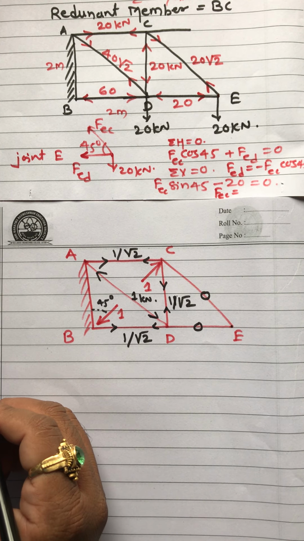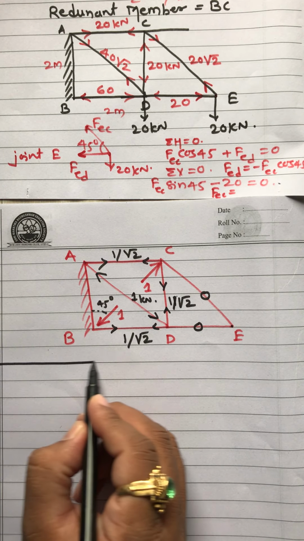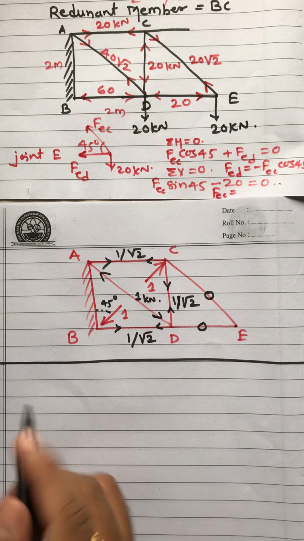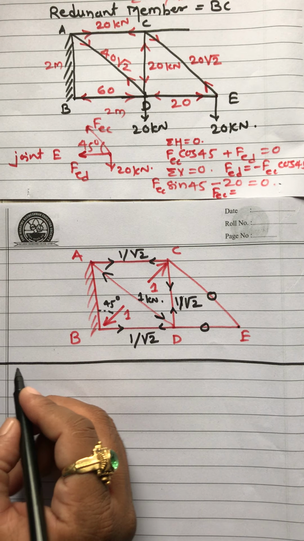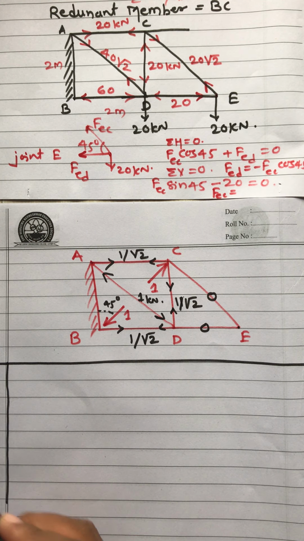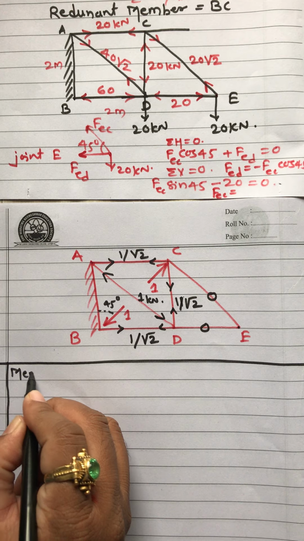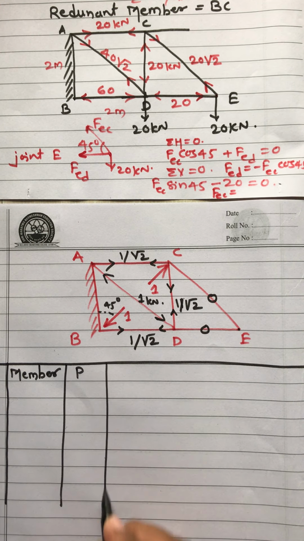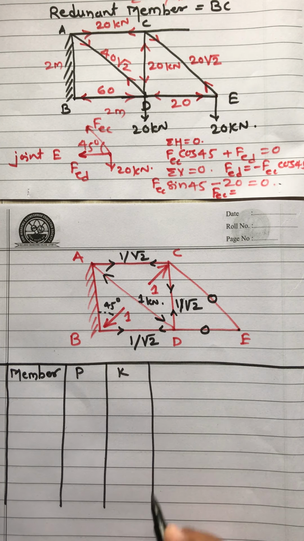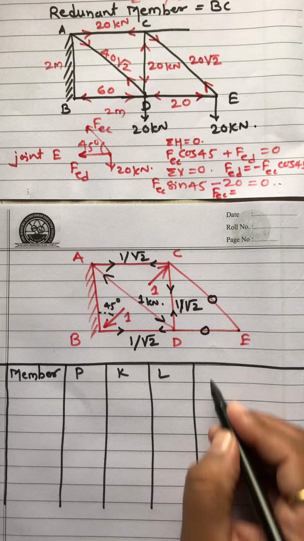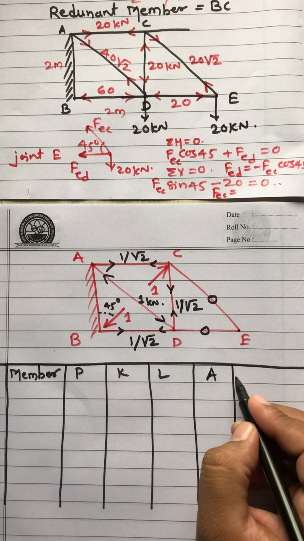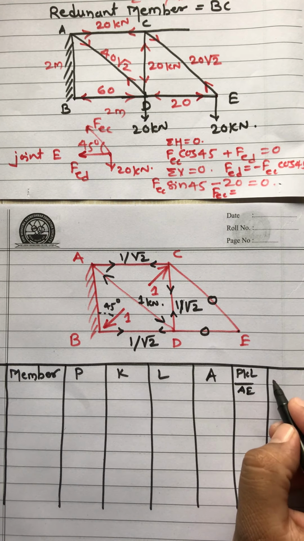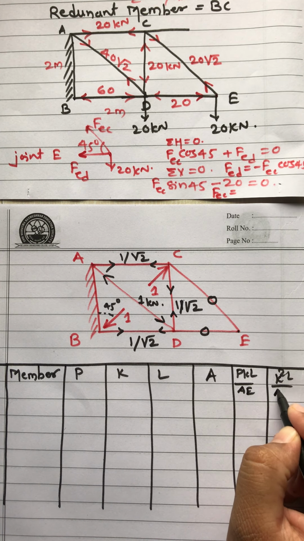You have a table. There we have the member, P forces, K forces, L length, area, PKL upon AE, and the last one is K square L upon AE.